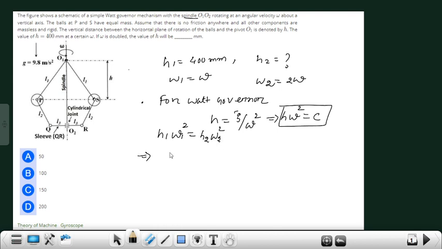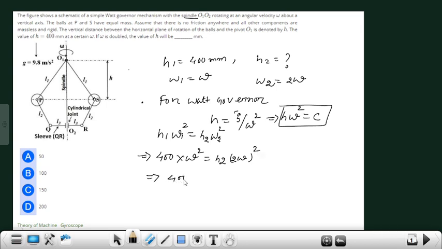Putting in the values, given H1 is equal to 400 and omega 1 is equal to omega, H2 we have to find, and omega 2 is equal to 2 times omega whole square.